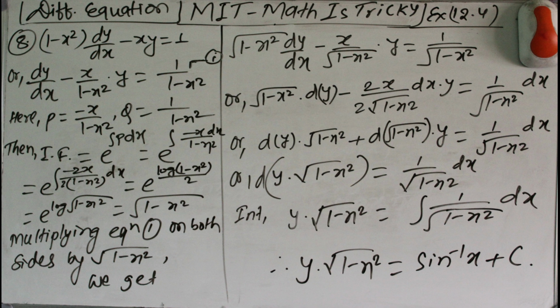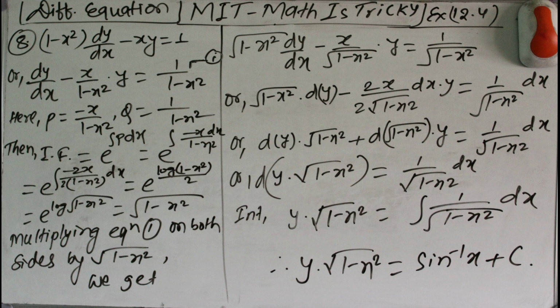Multiplying both sides by square root of 1 minus x squared, we get square root of 1 minus x squared into dy by dx minus x by square root of 1 minus x squared into y equals 1 by square root of 1 minus x squared. So the left hand side, by taking LCM, we get the derivative of y into square root of 1 minus x squared, which we can see easily.